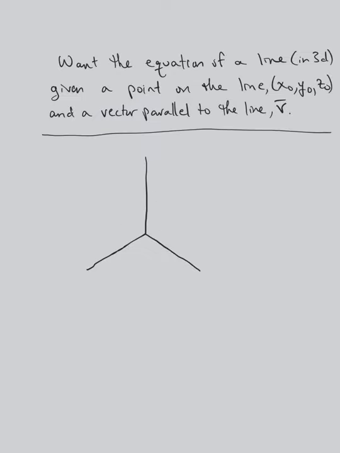Okay, so what we want is the equation of a line in 3 dimensions given a point on the line, so this point right here is on the line, and a vector parallel to the line, v. So we're given these 2 things, okay? And so I'm just going to draw a general v and point, all right? And so say our parallel vector looks like this.